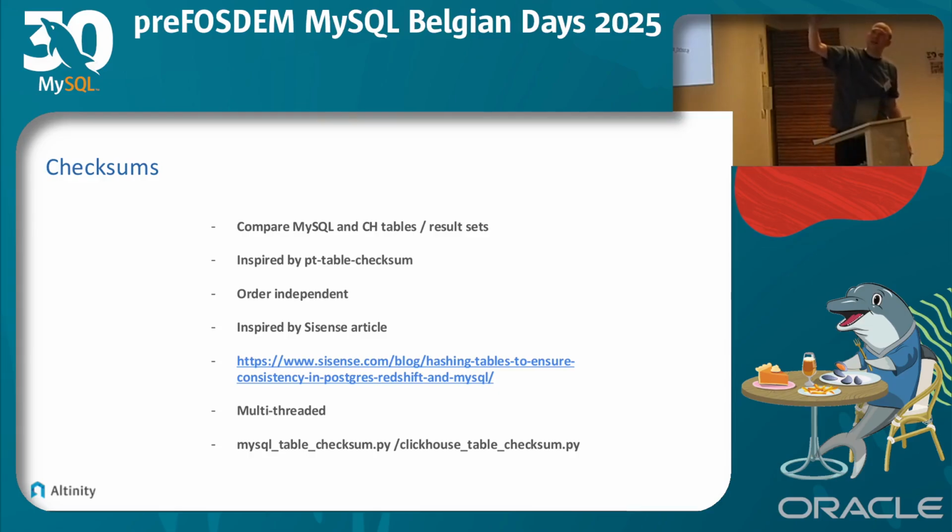We were inspired by an article on Sisense, and I can show you if you're interested. You can do multi-threaded checks if you can do consistent reads. Here it's order independent because a select star doesn't necessarily give you the order. That was a design choice for the checksum, and it's good enough. If the table is synchronized and that check passes, maybe the order is different, but who cares? The data is there for analytics, especially.